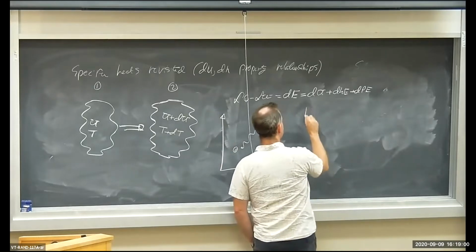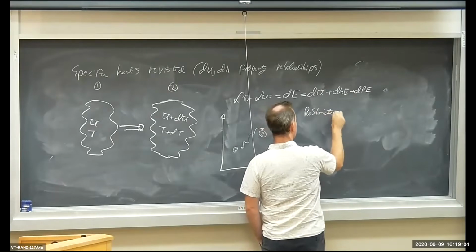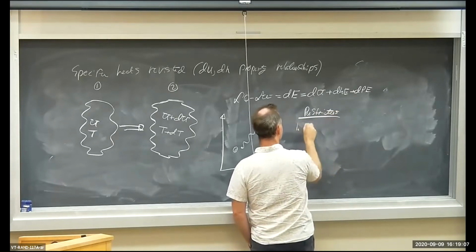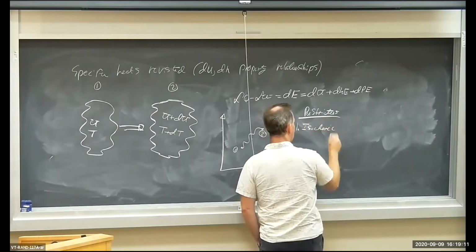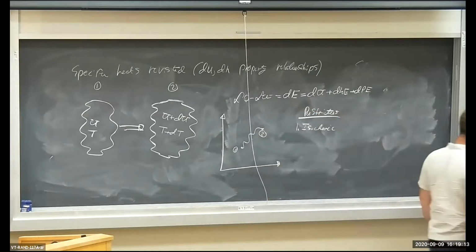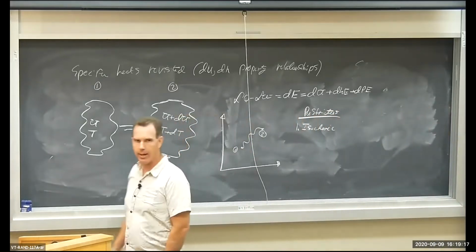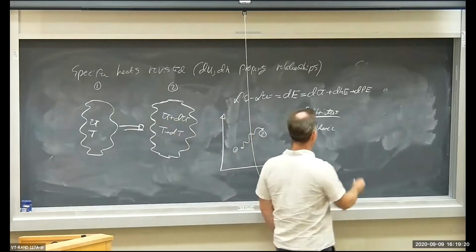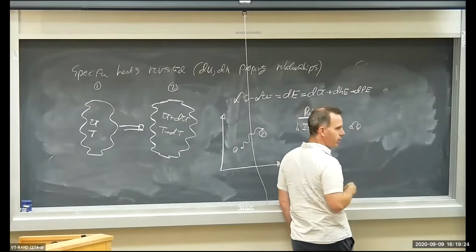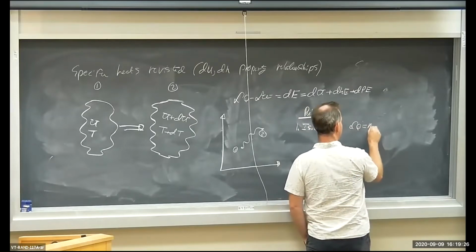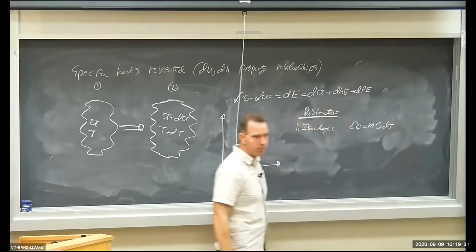So, restrictions. Restriction number 1, an isochoric process. What does that imply? That implies that the little bit of heat transfer, del Q, is equal to m Cv dT, and that's the definition of specific heat.